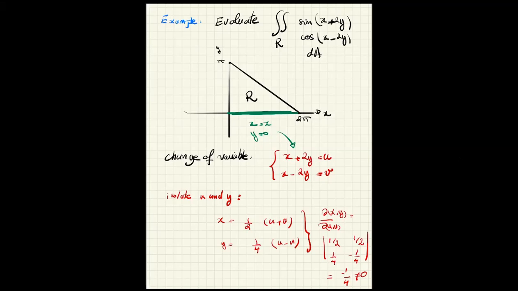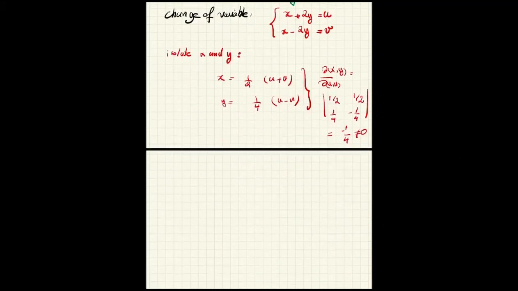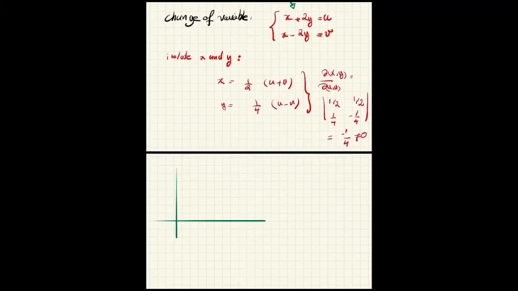And you do this for these three things here. It's really easy. You just have to be careful. And if you do this, you will realize that the region you will have is a triangle that looks like this.